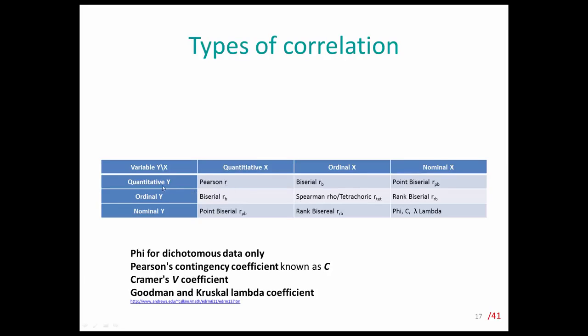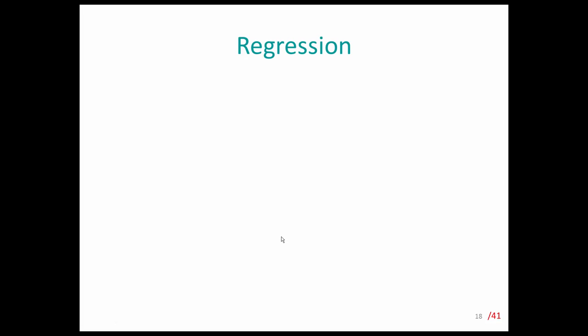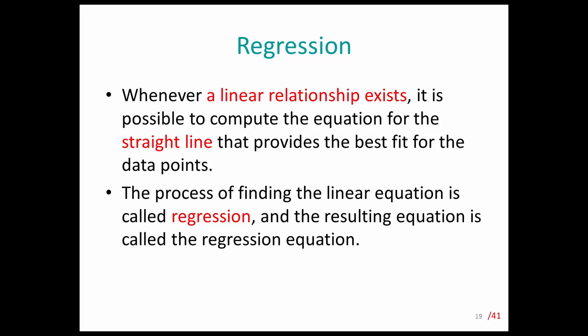However, if one variable is numerical or quantitative, but the other one is ordinal or nominal, then we use a different type of correlation coefficient. Regression is another index that's used in both inferential and descriptive statistics.